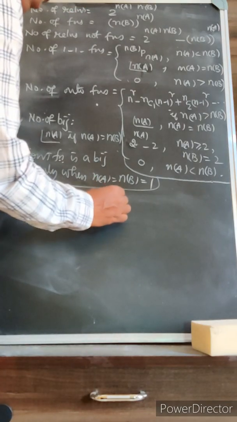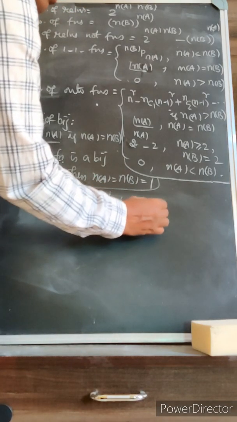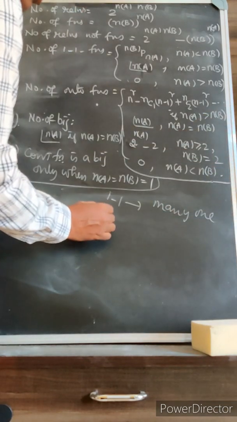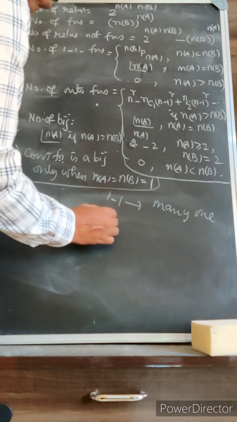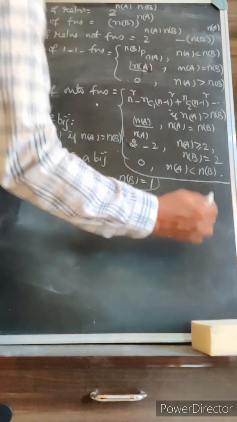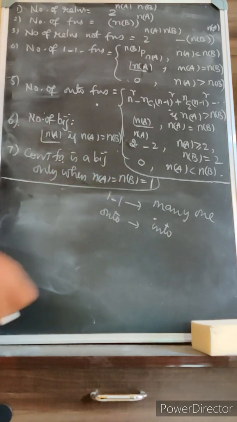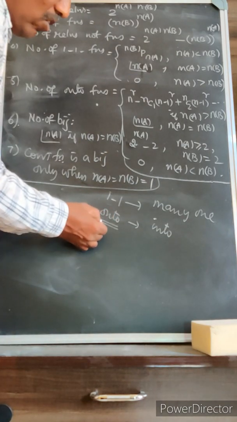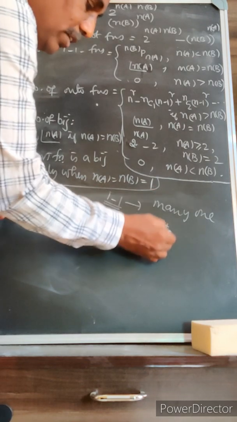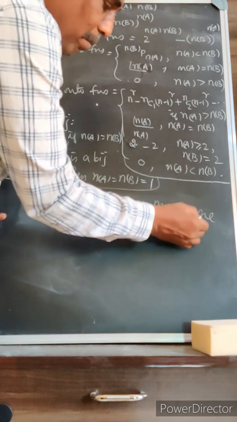A function which is not 1-1 is many-1. A function which is not onto is into. Any function which is not 1-1 is called many-1. Any function which is not onto is called into. Not onto is into. Not 1-1 is many-1.